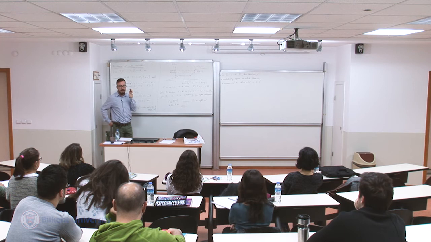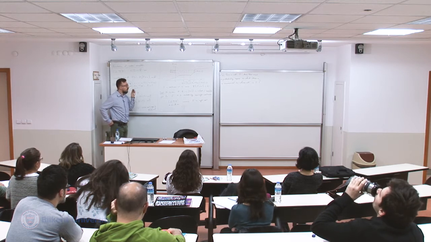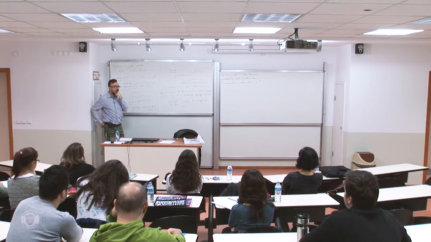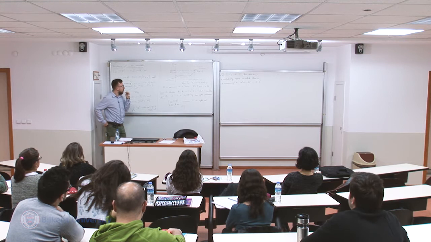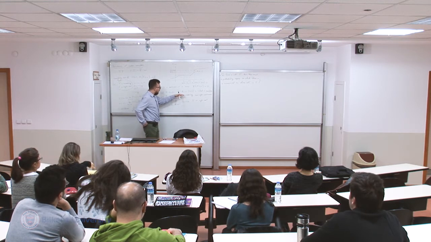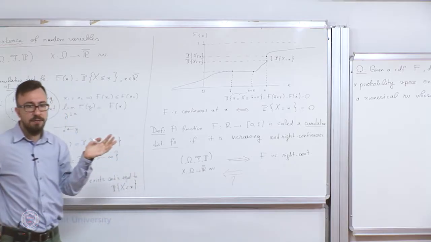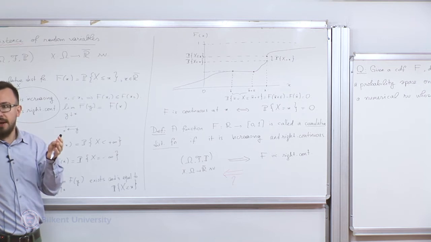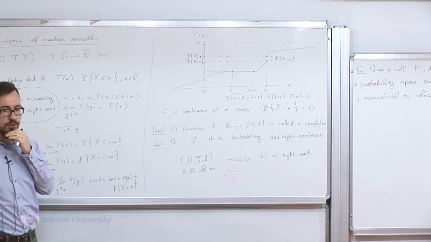Then I can give you a random variable on some probability space whose cumulative distribution function is F. Okay? So in other words, to define a distribution of a random variable, all you need is a cumulative distribution function. Namely, all you need is a function that is increasing and right continuous. So whenever you have such a function, there is a corresponding probability space and a random variable admitting that cumulative distribution function.